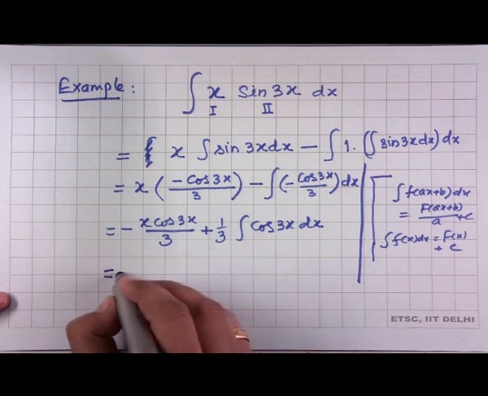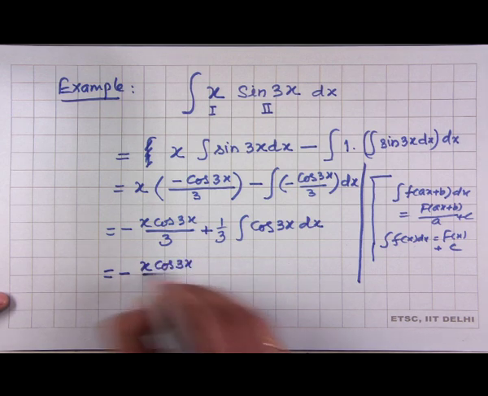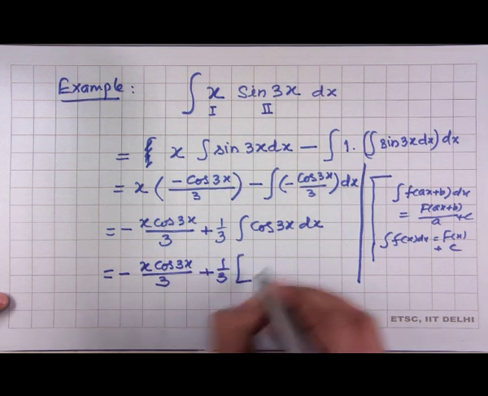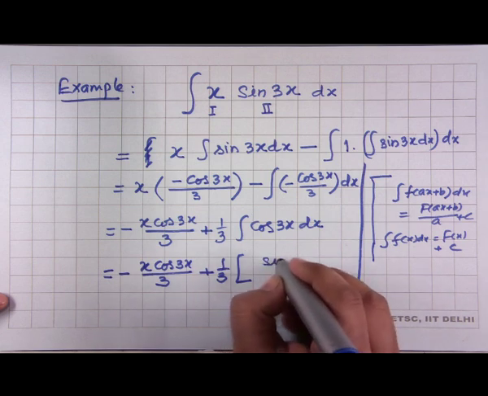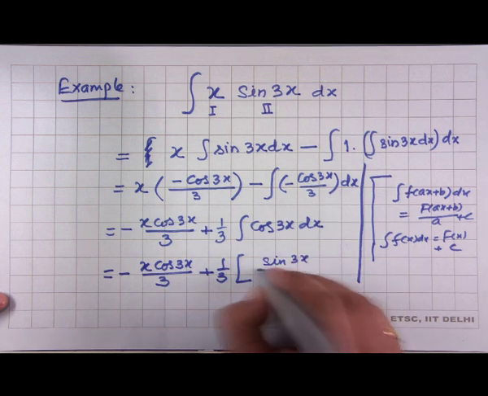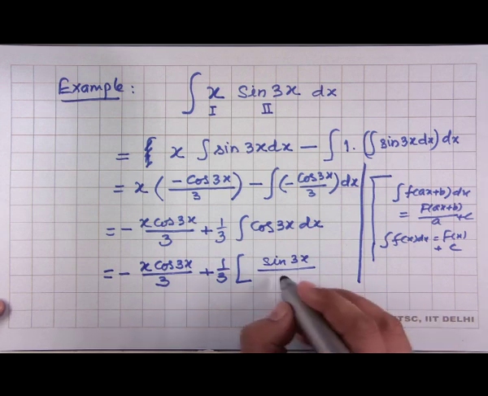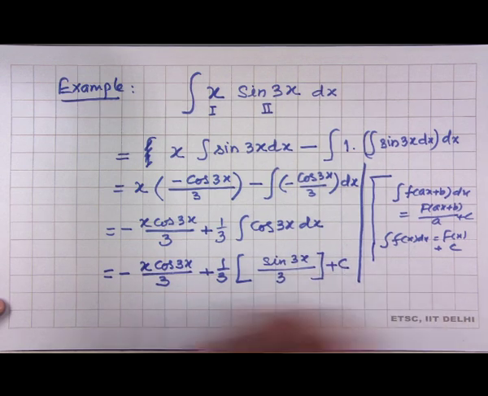So, minus x cos 3x by 3 plus 1 by 3, again integration of cosine 3x. I know, using the same formula, integration of cos x is sin x, and therefore, this becomes sin 3x by 3 plus the constant of integration.